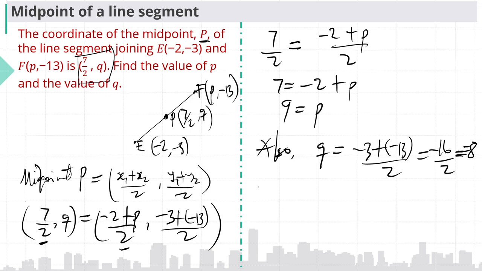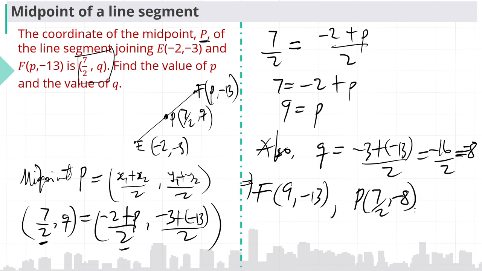So what it means is that the coordinate of F is (9, -13), and the coordinate of the midpoint P is (7 over 2, Q), where Q is now minus 8.